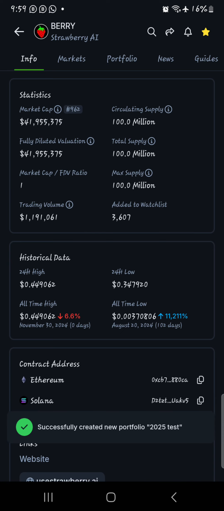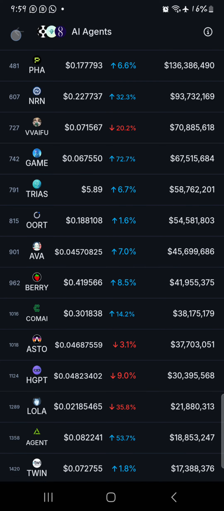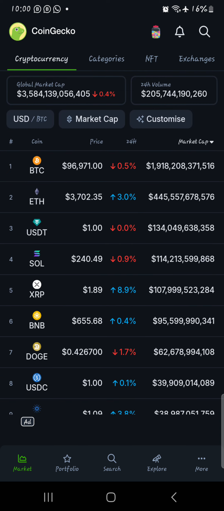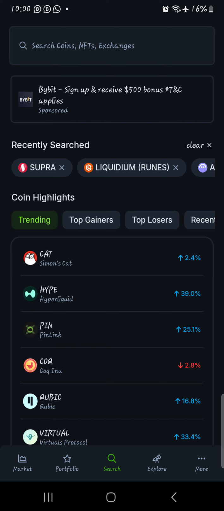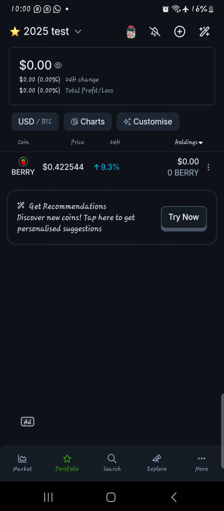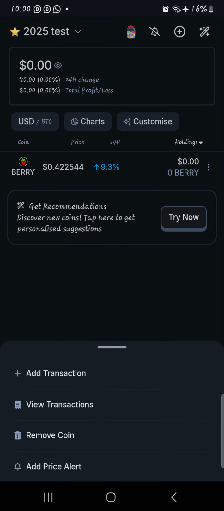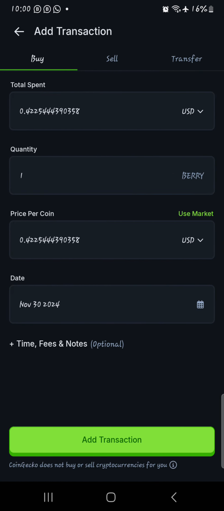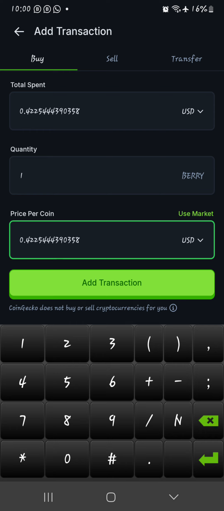So now I've added that. Now that I've done that, I could tap here, add transaction. Assuming I bought, let's say $10 worth, right?